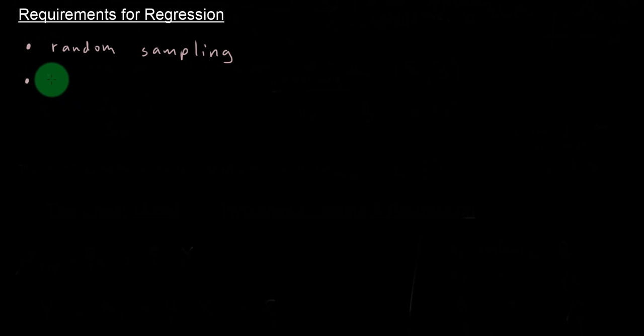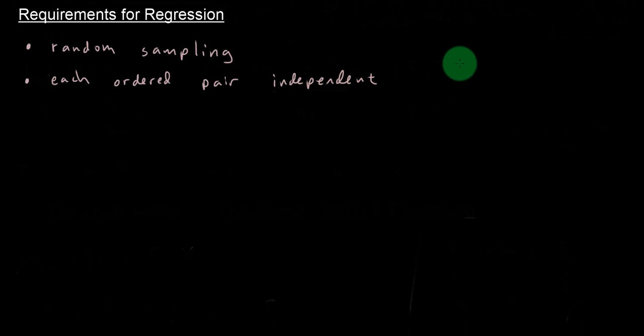Furthermore, each ordered pair needs to be independent, right? So when I say ordered pair, I'm referring to x1, y1 being independent of x2, y2, and so forth. We've seen that requirement in the past as well.